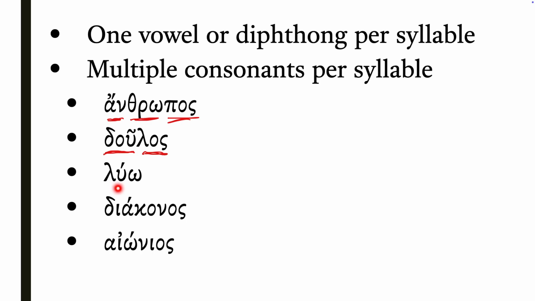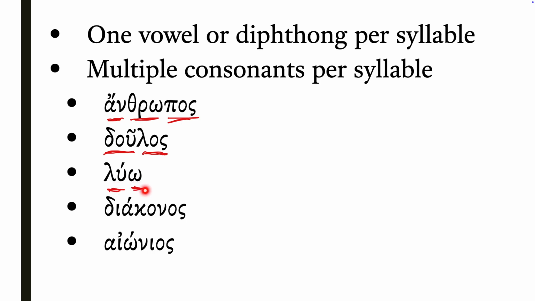Things get a little bit trickier here because we have 2 vowels next to each other. Oftentimes in English, we like to pronounce our vowels together, but unless in Greek it is a diphthong, the vowels are going to be pronounced separately from one another as separate syllables. So lu is 1 syllable because it has 1 vowel, and o is its own syllable standing alone with just the vowel.